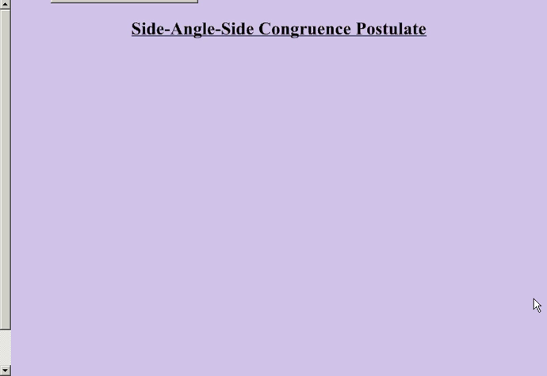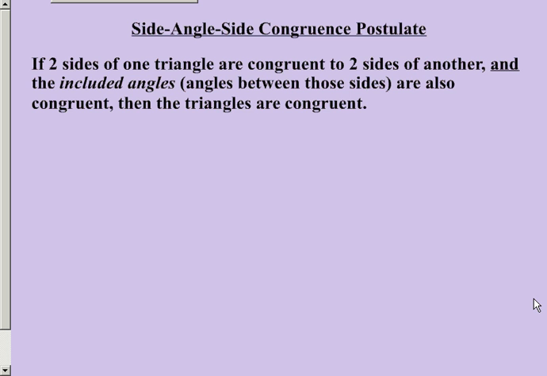Okay, the next one, side-angle-side. The side-angle-side congruence postulate says, if two sides of one triangle are congruent to two sides of another, and the included angles, which means the angles between those sides, are also congruent, then the triangles are congruent.